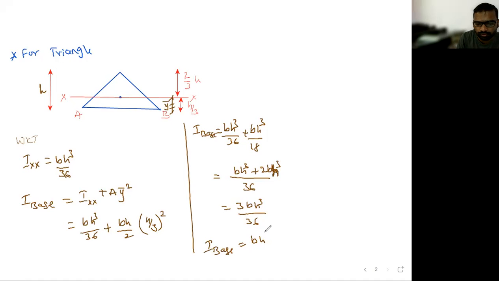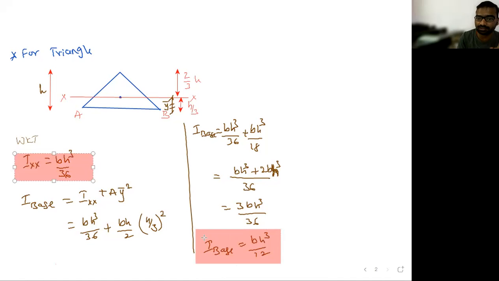We wrote bh cube upon 12, right? Okay, is it the correct answer? Yes. Is there any doubt? Yes, all this will be asked in MCQ directly. The triangle is having base b, height h, moment of inertia about base is equal to... he will give bh cube by 36 also, and he will give this too.